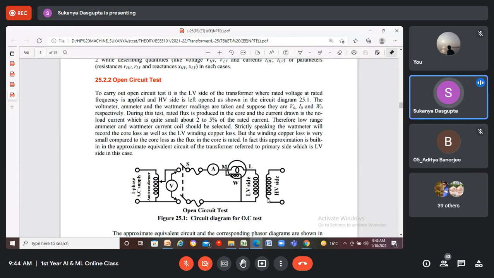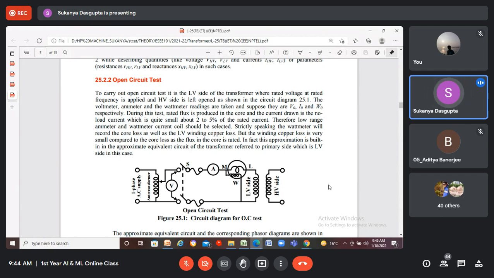This is the secondary winding. So the secondary winding is not connected with any load. That means it's just like a no load operation of a transformer, right?